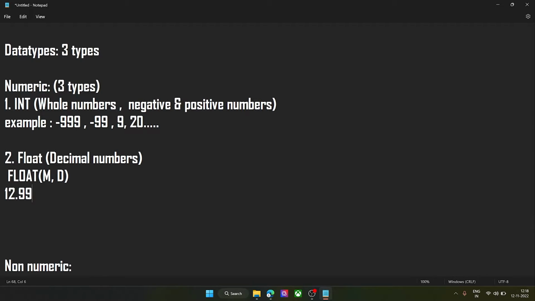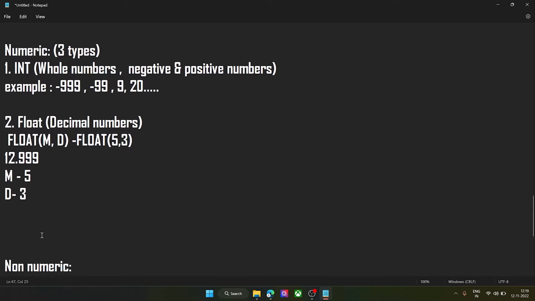There is a floating number 12.999. How many digits are there? 1, 2, 3, 4, 5. So M is 5. After the decimal point, how many numbers are there? 3. So D is 3. So we write float of 5 comma 3. The total number of digits M is 5, and D is 3.